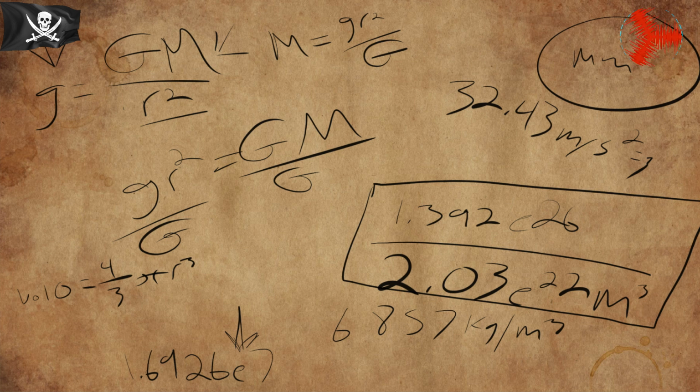And the mean density of the Minecraft world is 6857 kilograms per cubic meter. Now, remember I said before that in between the Nether and the overworld, the entire Earth can fit with some space.